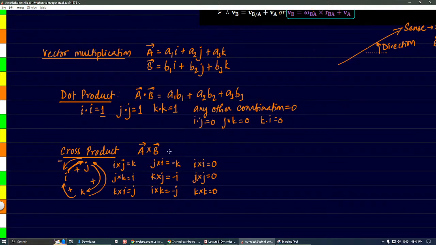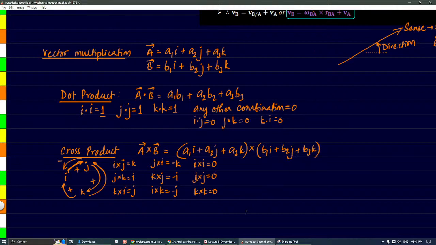Now if you want to do cross product, you have to expand this: A1I, A2J, A3K, cross product with B1I, B2J, B3K.